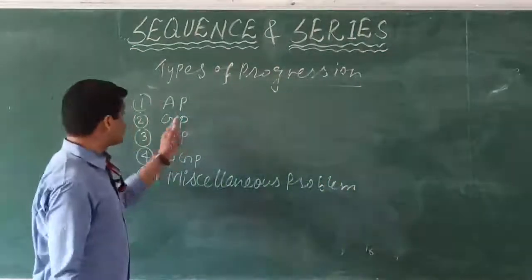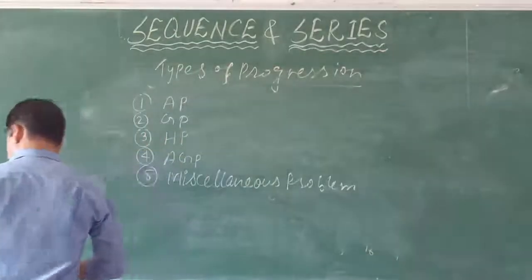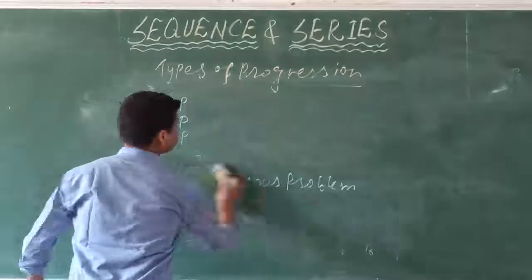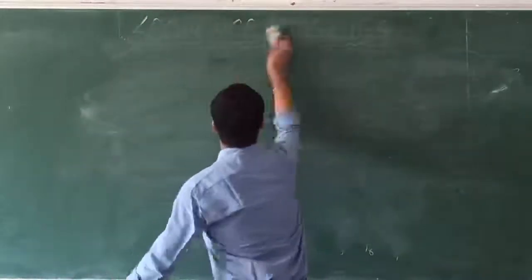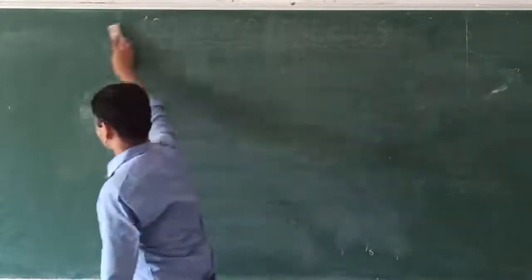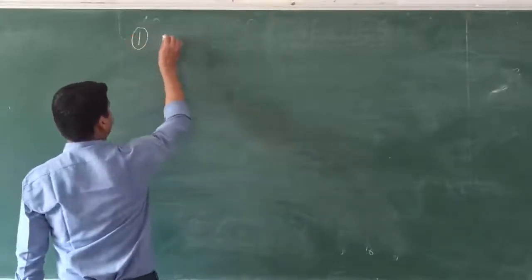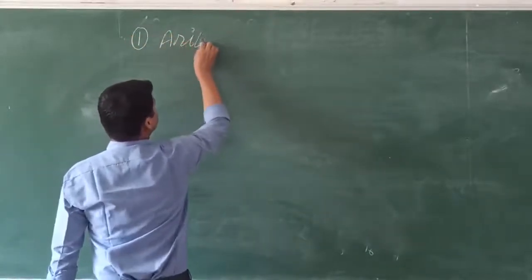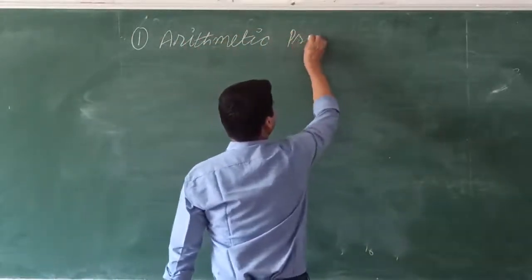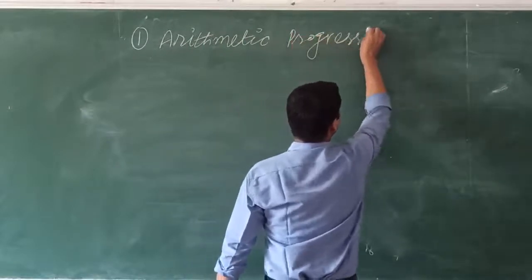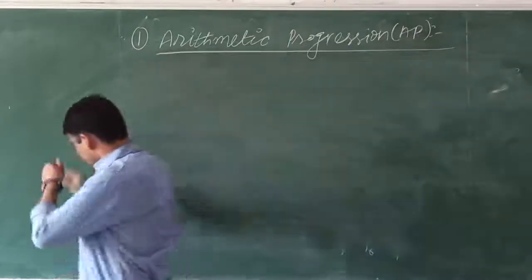First of all, I am going to discuss what is called AP, and how to identify that a given series is AP. First type is arithmetic progression, or in short AP. What is the meaning of arithmetic progression?